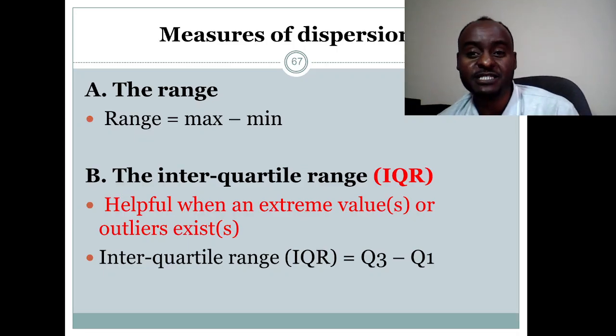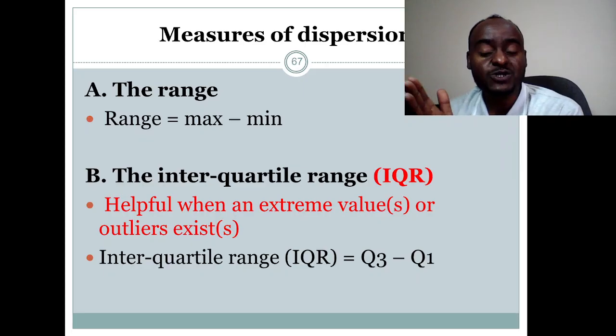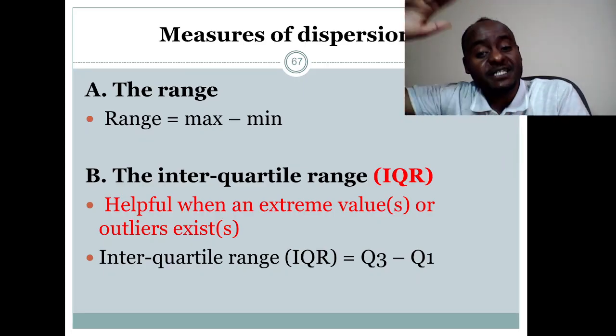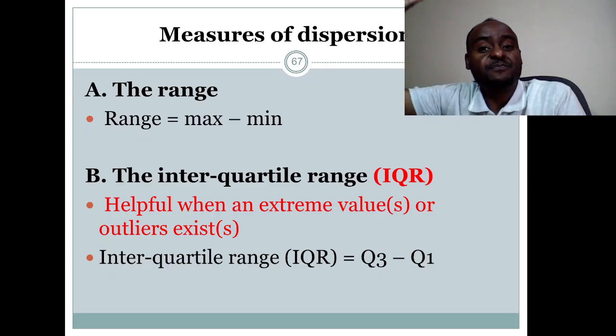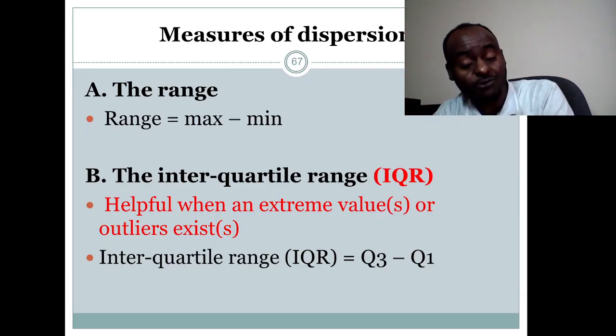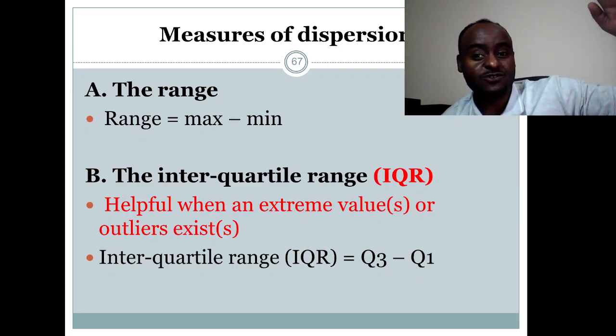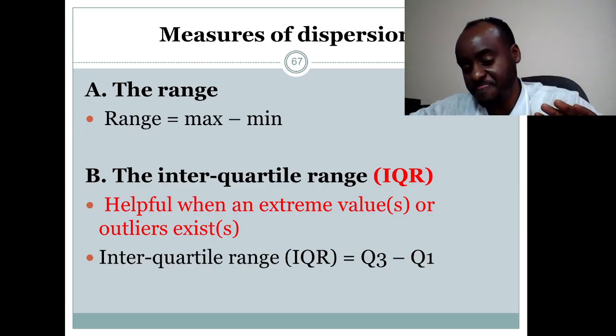What about quartile number three? Quartile number three actually separates the highest 25%, the highest. Quartile number one is the lowest 25% from the rest, and quartile number three separates the highest 25% from the rest.